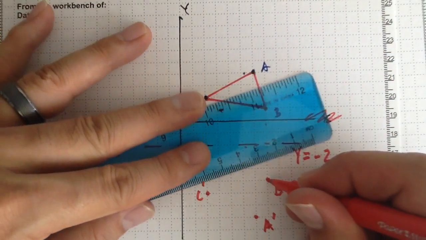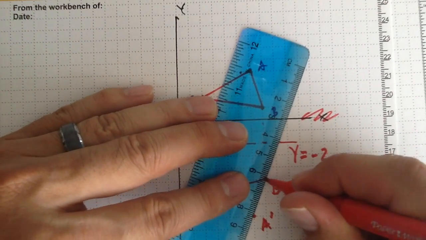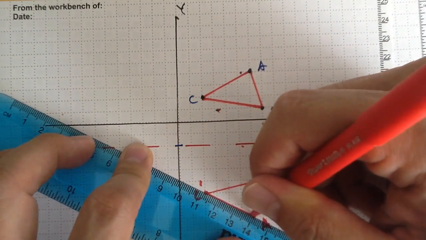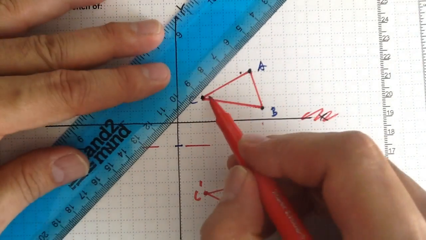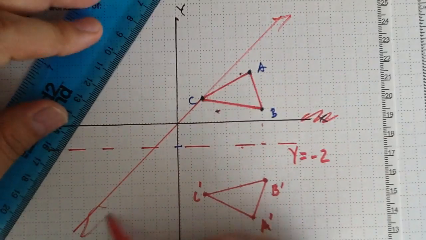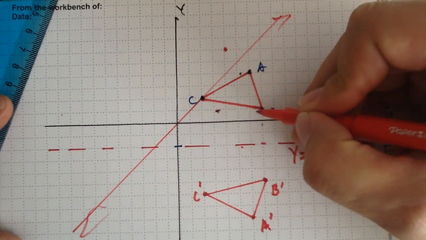And so it's still the same thing. But just realize that what you're going to do in your work today versus what you're going to do in the future is that the line of reflection can be anywhere. In fact, you may get problems where the line of reflection is at a diagonal. Maybe this is our line of reflection, in which case you might have to reflect it something like this.